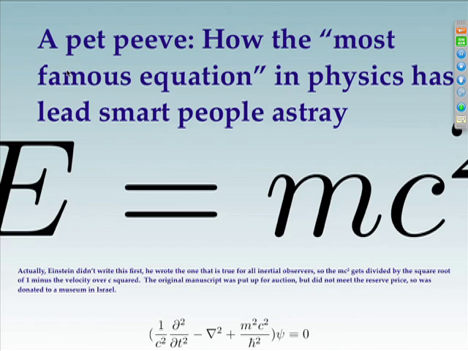Einstein's manuscript where he first wrote this was put up for sale, and it didn't meet the asking price, which was, I think, about $4 million, because what he wrote down was E equals mc squared over the square root of 1 minus v squared over c squared. And people were like, that's not quite E equals mc squared. There's that part I don't understand, even less than E equals mc squared.